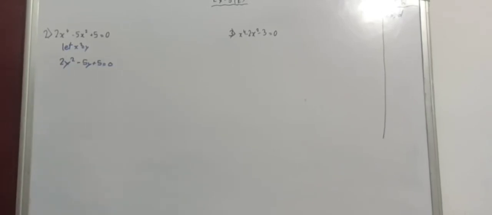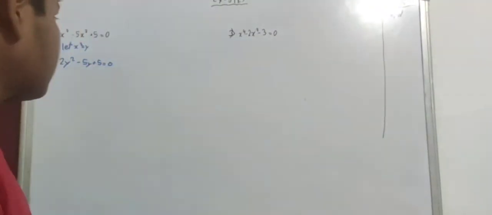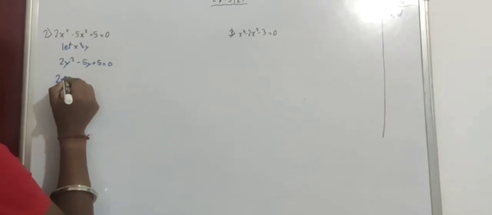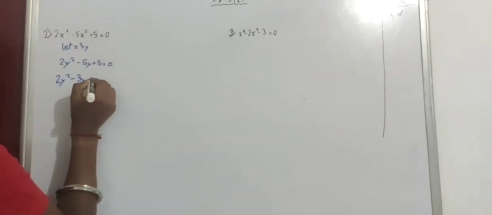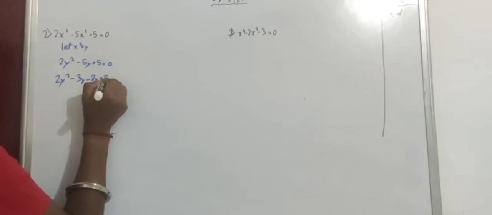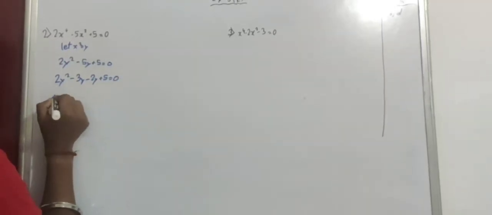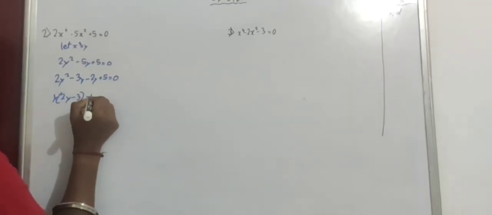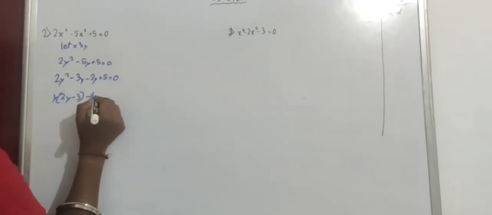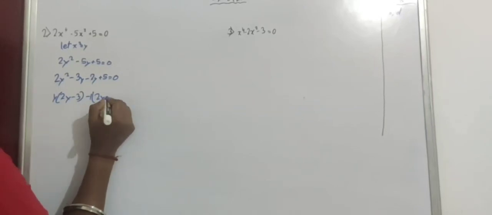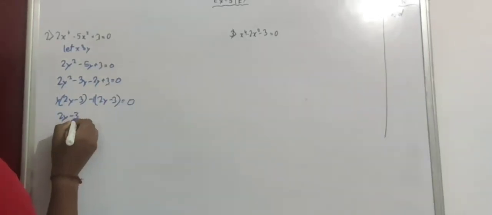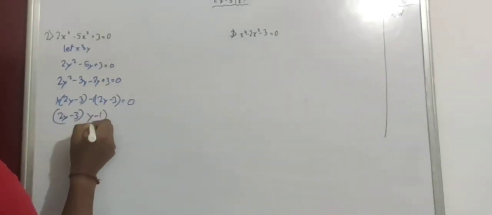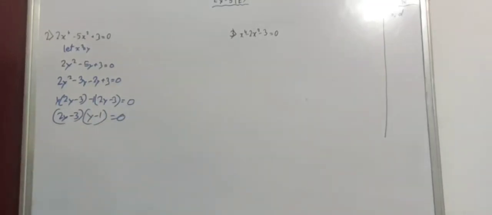Minus 5y will be split into minus 3y and minus 2y. So do it: 2y square minus 3y minus 2y plus 5 is equals to 0. So by taking it out, we have 2y minus 5, 2y minus 3 and y minus 1 is equals to 0.